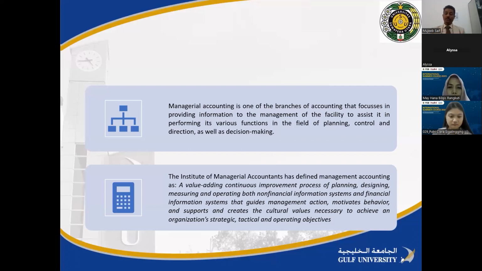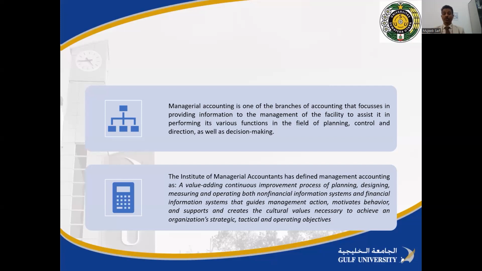This information will help managers make decisions to perform their functions in the field of planning, control, and decision making, right? So the managers have functions: they will make a plan, they will control, and they will direct the organization and make decisions.